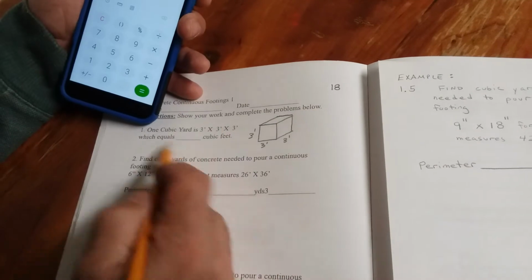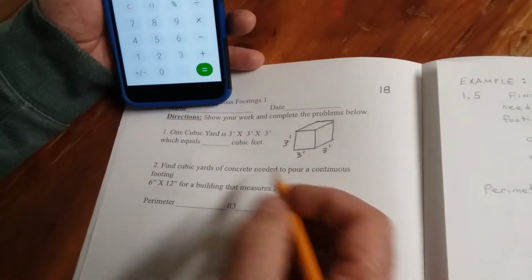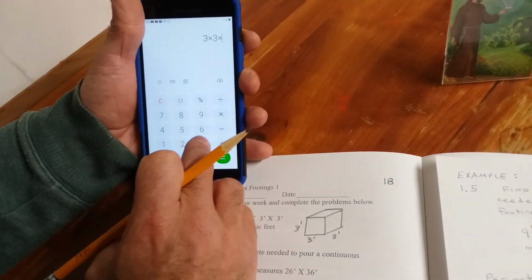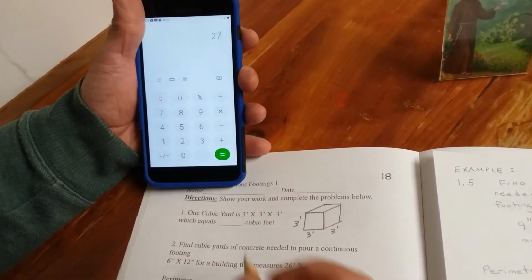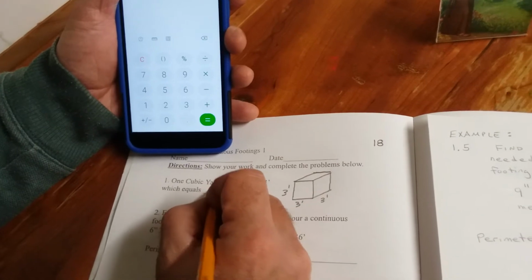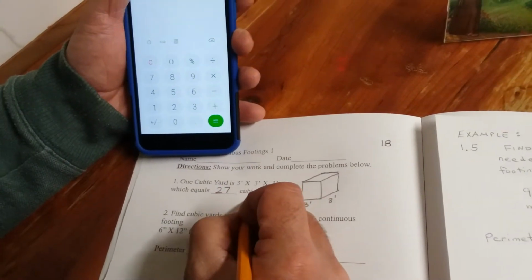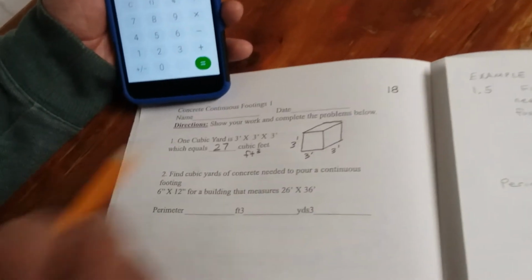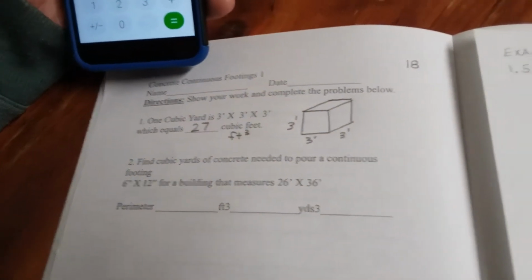So how many cubic feet is that? Pretty simple. 3 times 3 times 3 equals 27 cubic feet. And sometimes we write it like this, foot cubed. That's a very important number for you to remember.